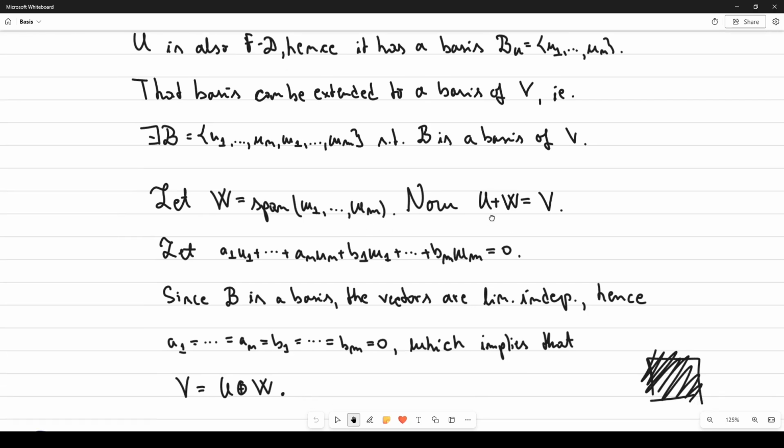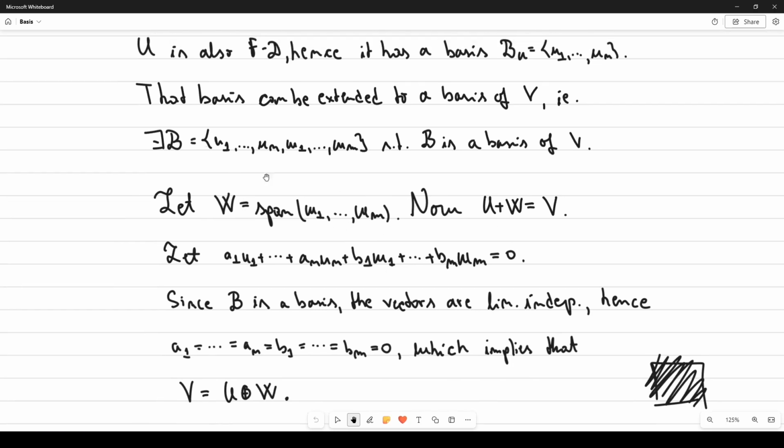And now we have that V can be written as the sum of U plus W, since every vector in V can be written as a linear combination of these vectors.